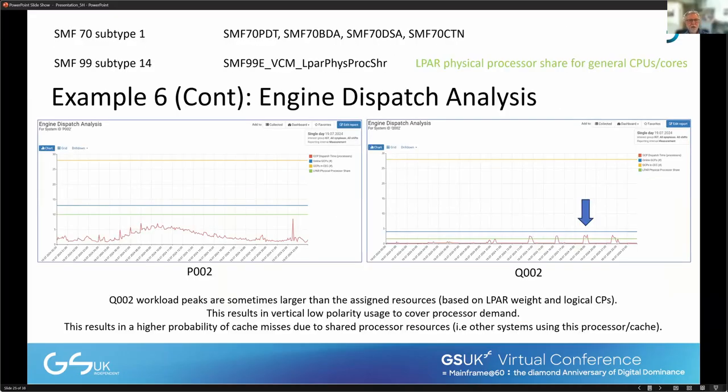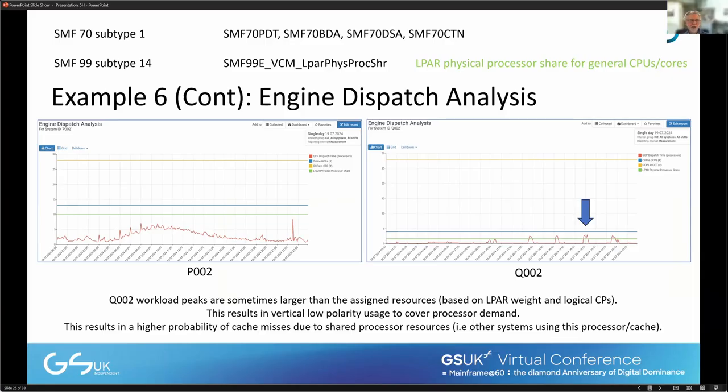So we can go a little bit further and look at what we call engine dispatch analysis for these two LPARs. And on the left, you can see the P002 LPAR. The red line is the dispatched time for the processors. And you can see the LPAR processor physical share, the green line.